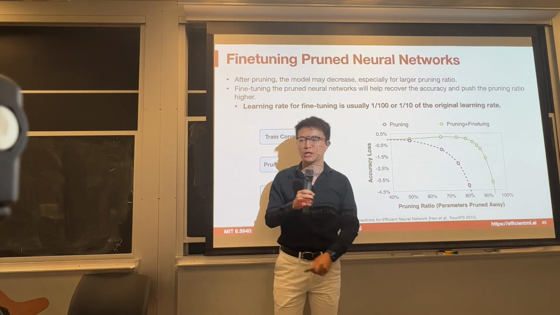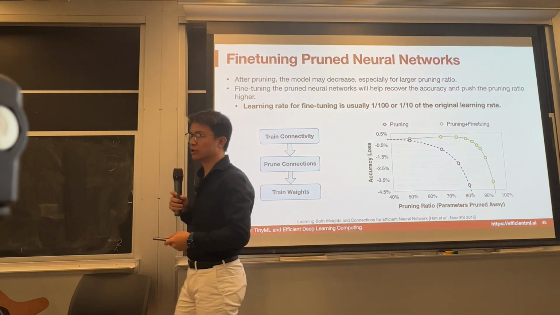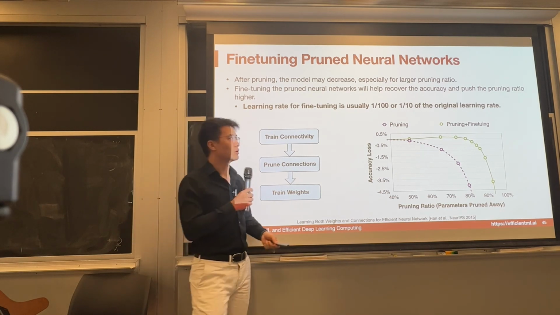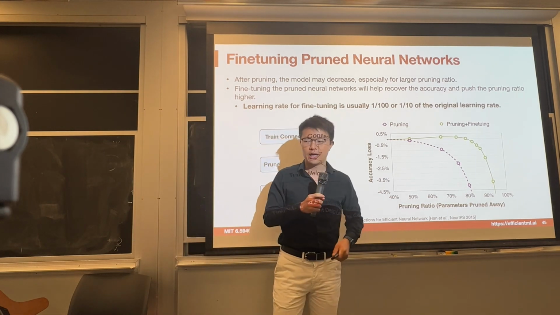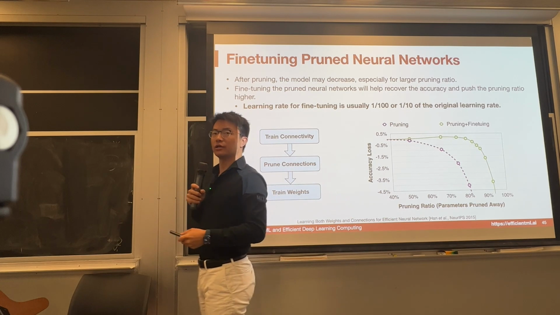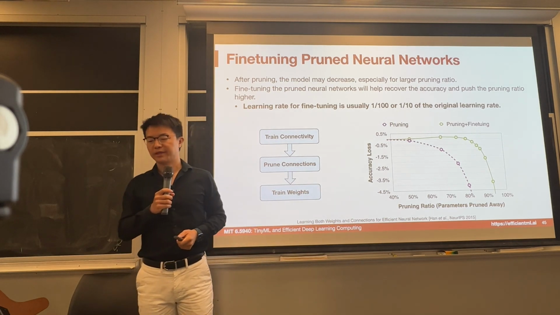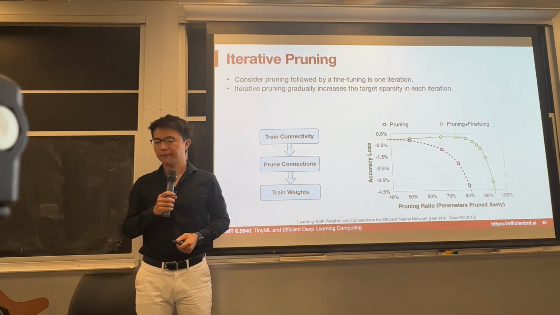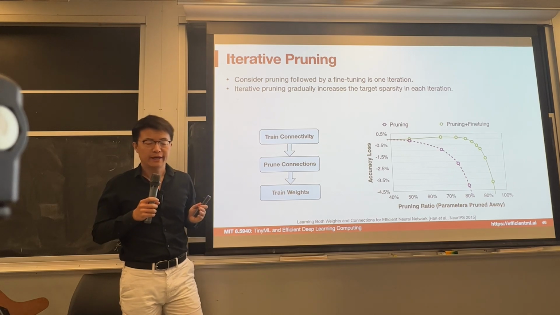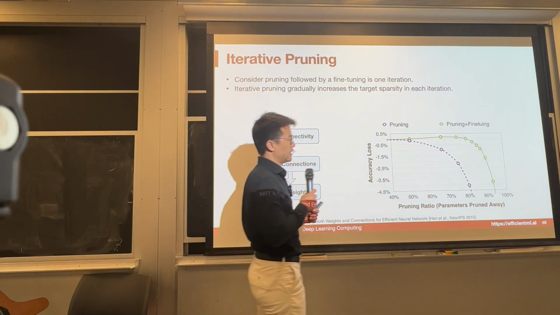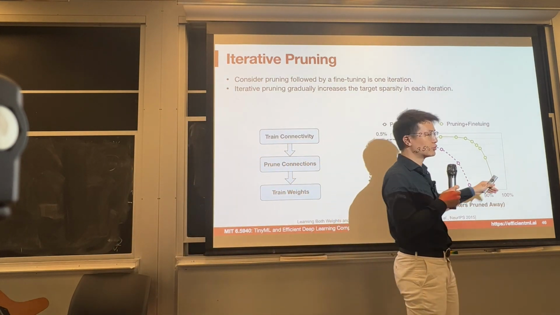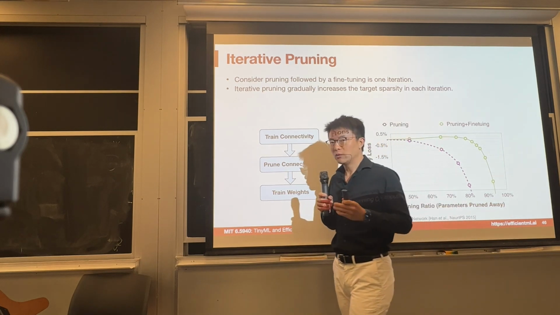So usually you want to use smaller learning rates, like 1/10 or even 1/100 of the original learning rate to fine-tune the pruned model.